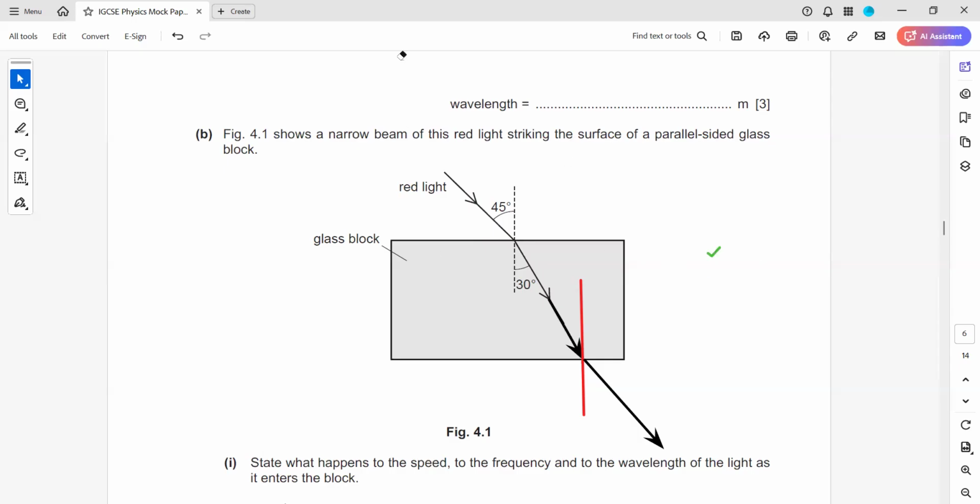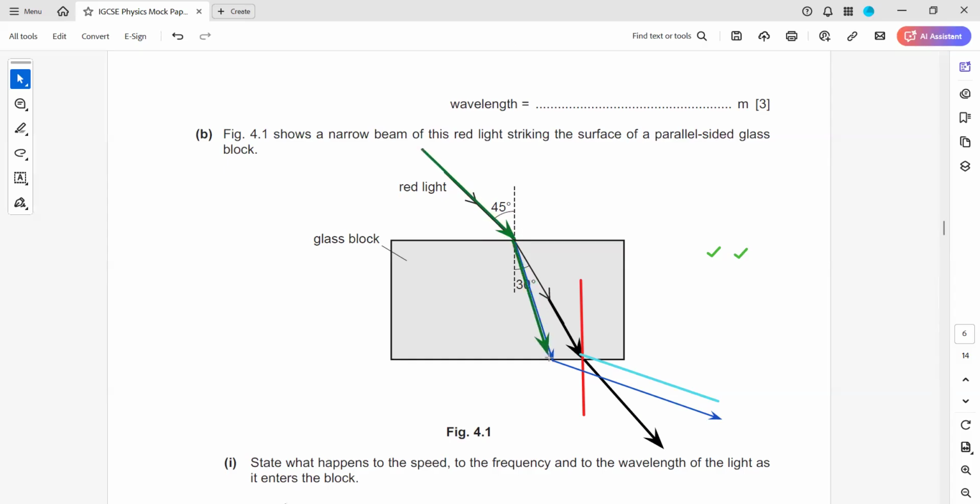If the question was to sketch the path for a green light, what will the path of the green light be? If they say sketch the path for a green light, so green has a higher frequency than red.